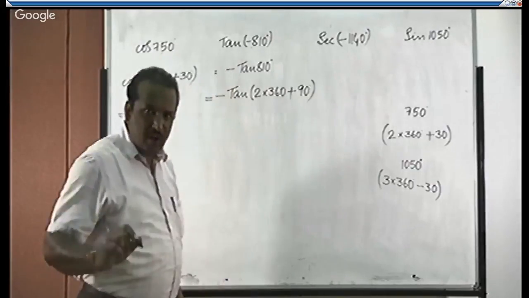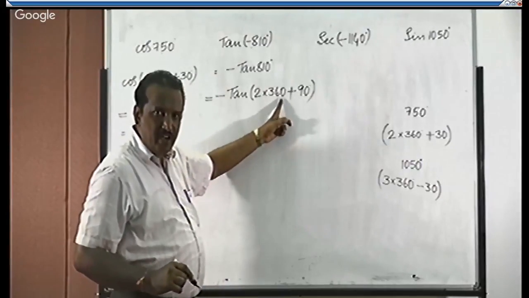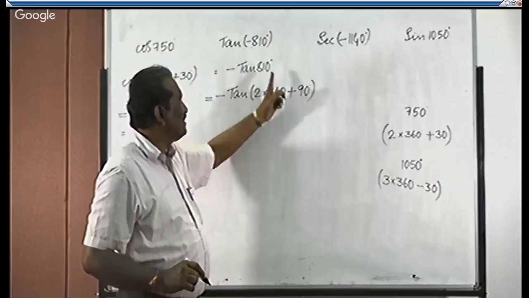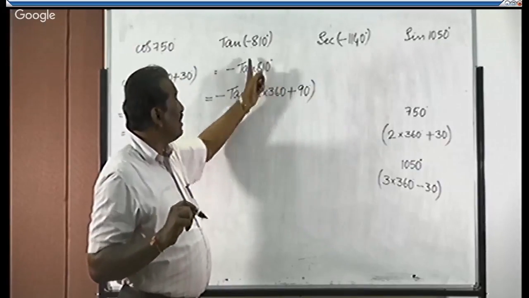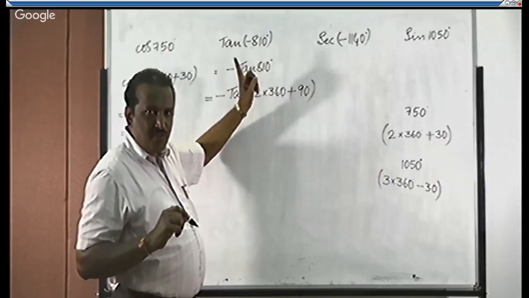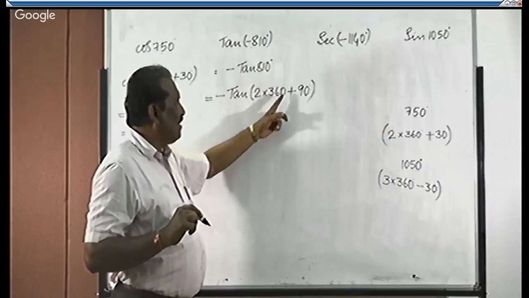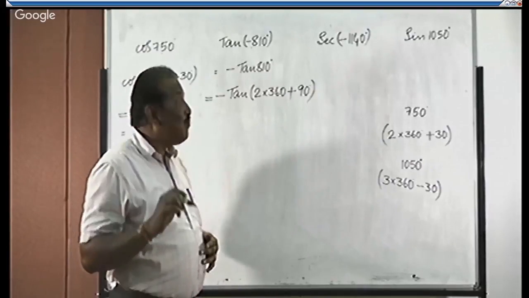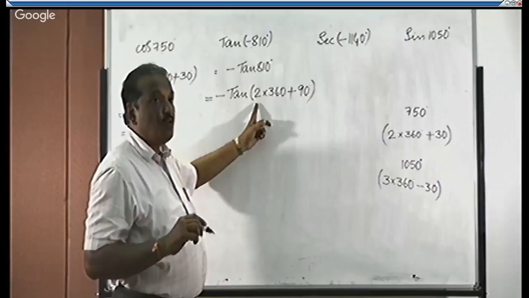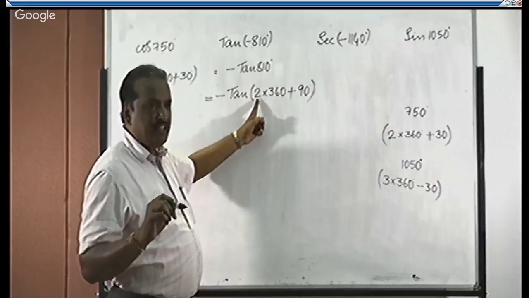If you are not following, just simplify this equation. 2 into 360 is 720. 720 plus 90 is equal to 810. We are not disturbing the original angle. Instead of writing 810, we write it as some multiple of 360 plus something. According to our convention, forget the multiple of 360, whatever the number it is. So there is no 2.